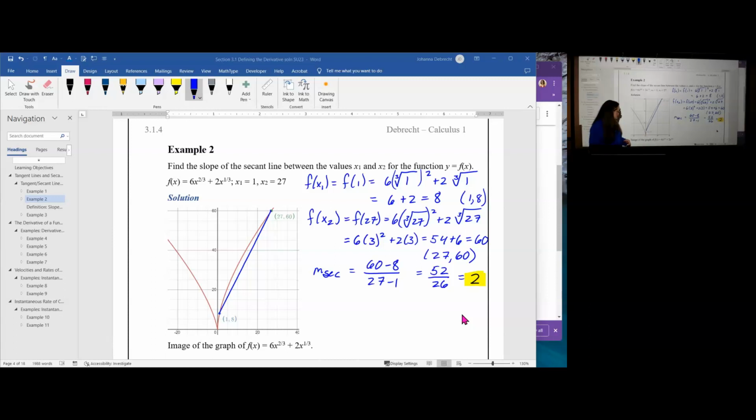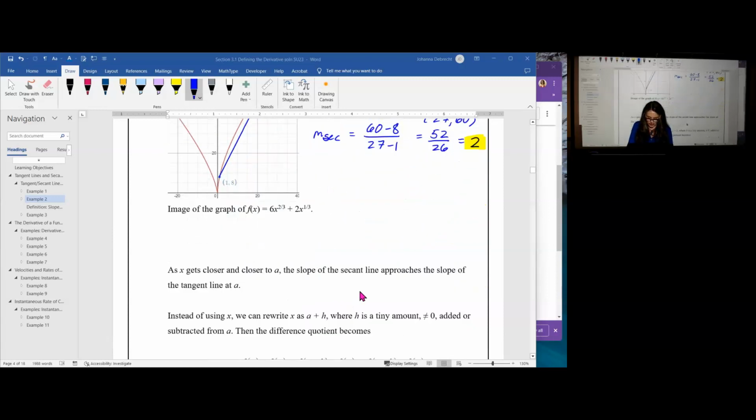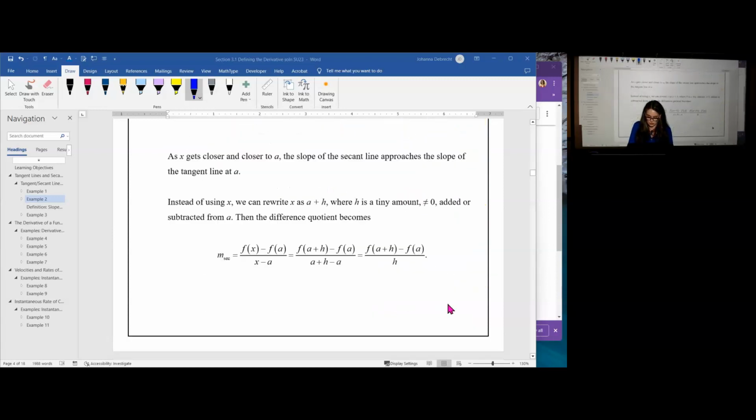As we're going to see, because this is a sharp pointed part, we will not actually have a derivative there, even when the function is defined there. Sharp pointed parts do not produce derivatives. As x gets closer and closer to a, the slope of that secant line gets closer and closer to the slope of the tangent line.